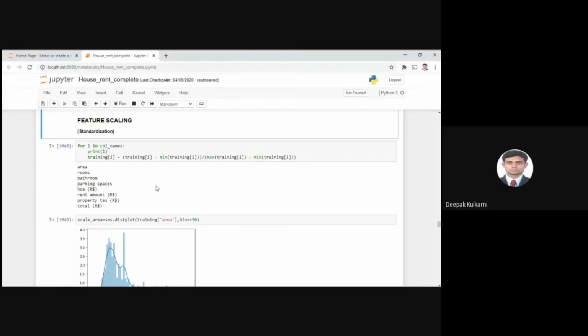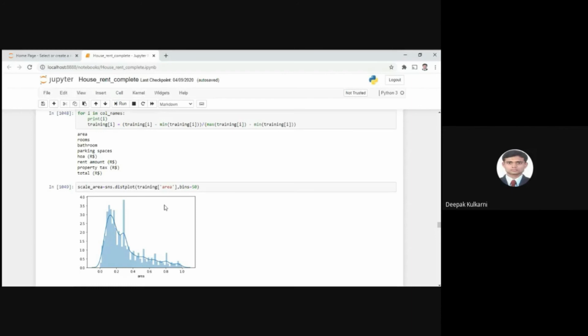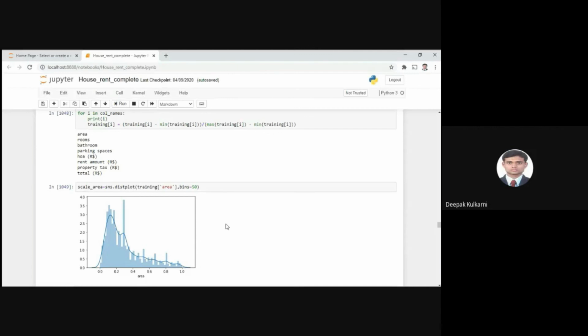Suppose there are 10 people, out of which 4 people or 2 people have a salary of around say 50,000, and then there are a few more who have a salary of around 20,000.